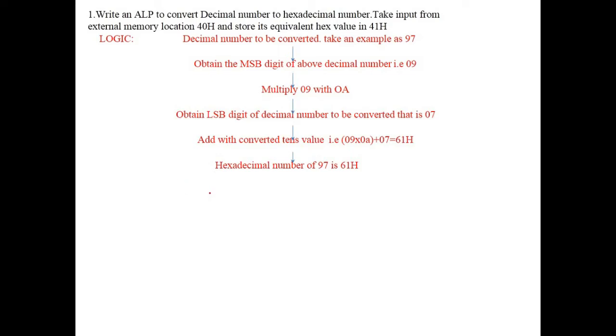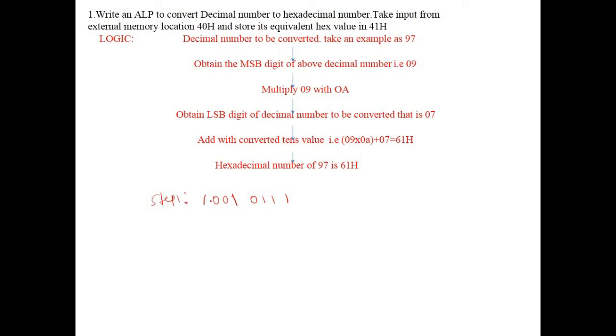For example, we write 97 in binary representation, that is 1 0 0 1 0 1 1 1. This is step 1.